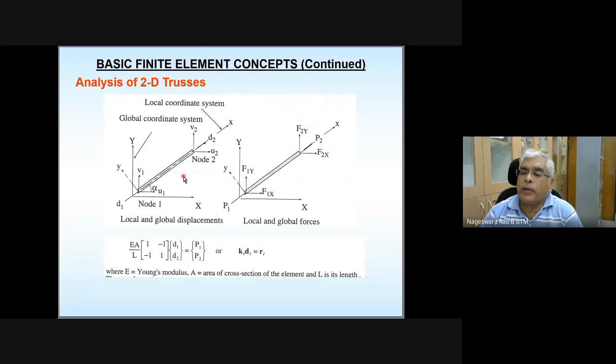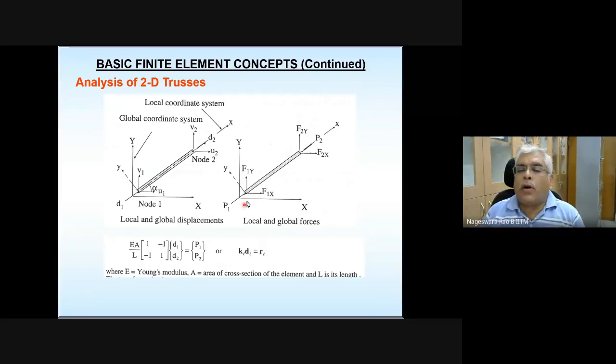If you want to show everything in the same figure, it's going to be a lot of information and cumbersome, and it will not be clear. That's why two figures are drawn, one showing the displacements, another showing the forces. Now this bar is inclined with respect to what?